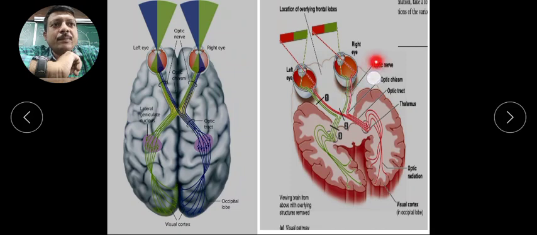This one is the optic nerve, and the fibers of the nasal half of the optic nerve decussate.